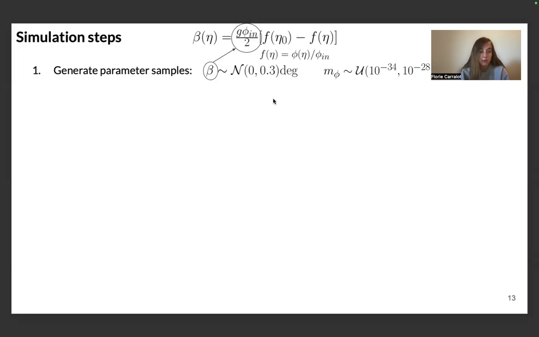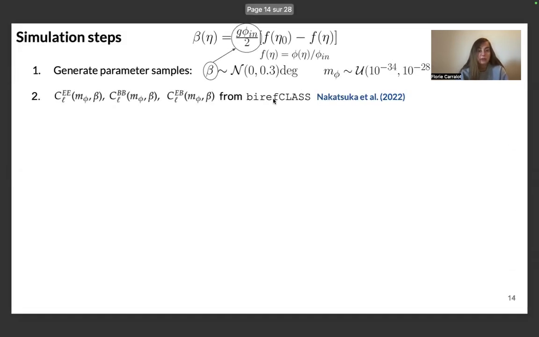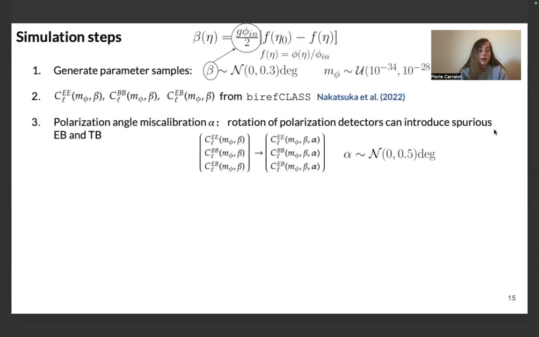So we sample our parameters, and from these we produce simulations of input CMB EE, BB, and EB power spectra using the biref class code. As an additional parameter, we add a polarization angle miscalibration.